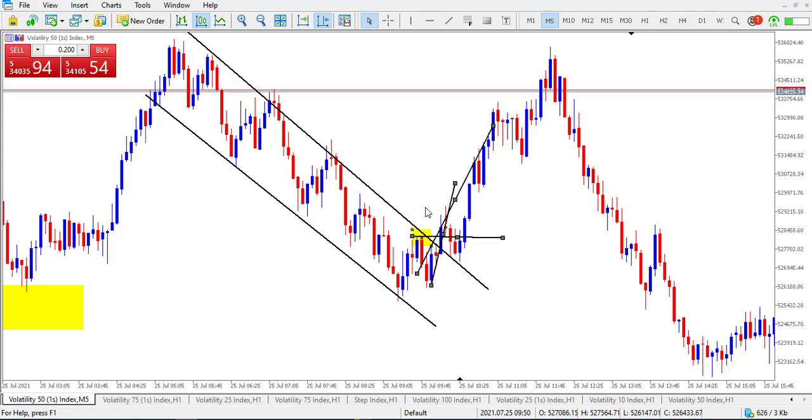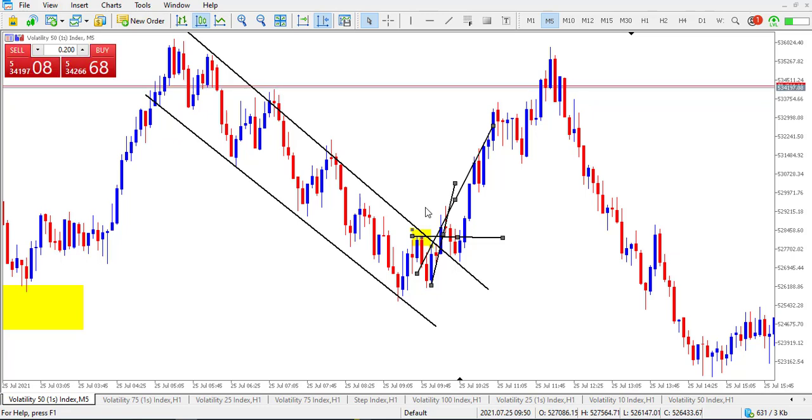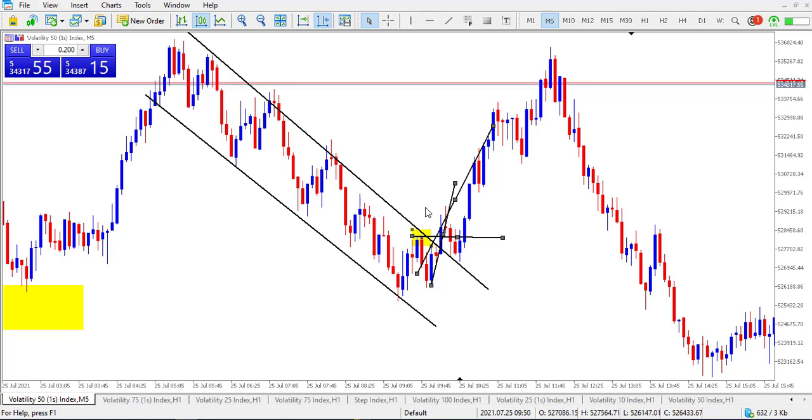After we identify a channel break, we go back and identify a break of structure, which is our rule number 2. We identify the trend, then we confirm the trend. Do you understand? Identify, then confirm. So you identify by using a channel break, then you confirm by using a break of market structure. Right guys.